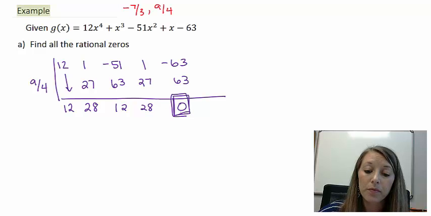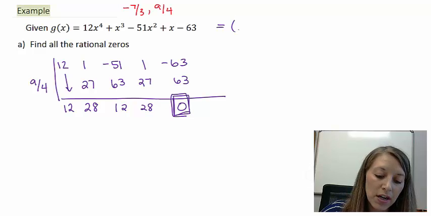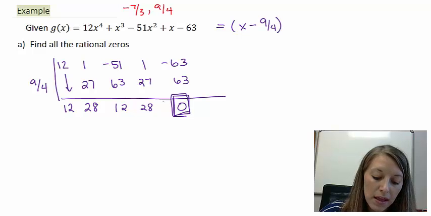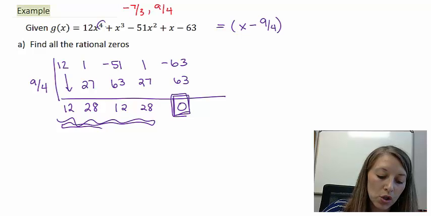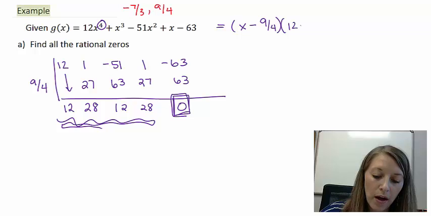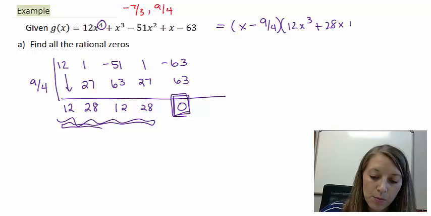Okay, so what I just did was I factored this polynomial by one step. So I factored it as x minus my zero of 9/4, and then my remaining coefficients down here, starting 1 degree less. So this was x to the 4th, so this gives me 12x to the 3rd plus 28x squared plus 12x plus 28.